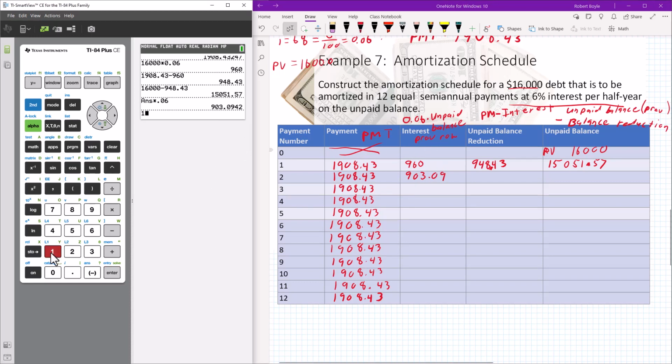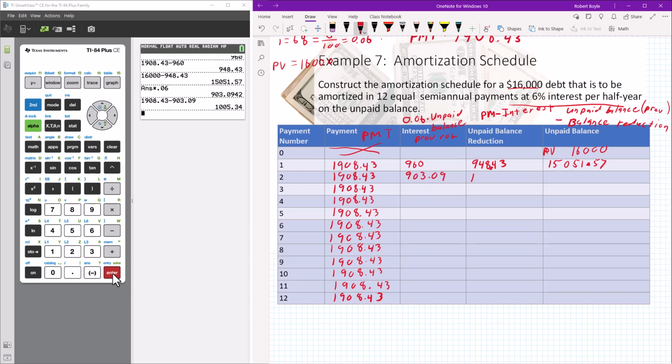The rest of your payment is going to go to your unpaid balance. That is going to be 1908.43 minus, now you really can't use this. You should probably use the rounded version of it, which is right here, 903.09. And it turns out that the amount that's going to balance reduction is going to be $1,005.34.